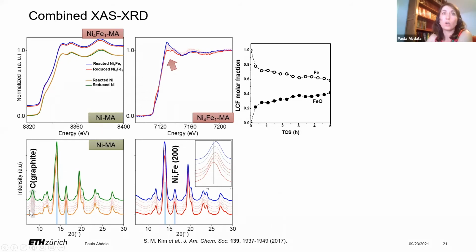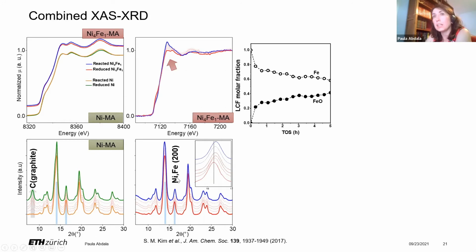This is crystalline coke forming, which confirms that the deactivation of the nickel-based catalyst occurred due to graphitic coke formation. On the other hand, in the nickel iron, we don't observe such formation. There might probably be amorphous carbon formation, but we don't observe it.